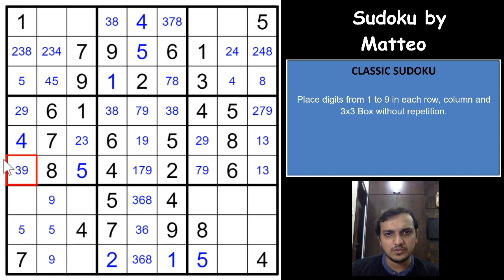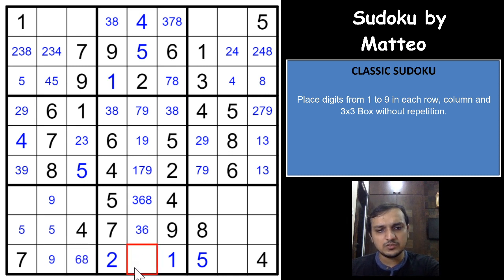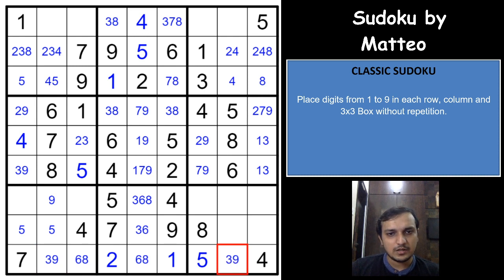Anything else we are missing here? So if you see in row 9, 8 and 6 is not possible here, 8 and 6 is not possible here, so there is only two places for the 8 and 6. 6, 8 would have to be here, 6, 8 would have to be here, which means the two remaining digits are 3 and 9, so this would have to be 3, 9 and this would have to be 3, 9, right?